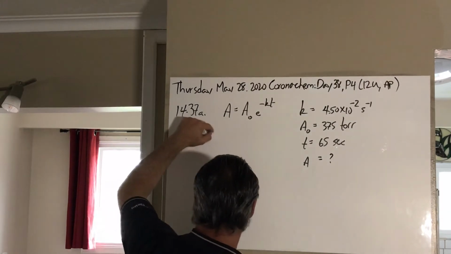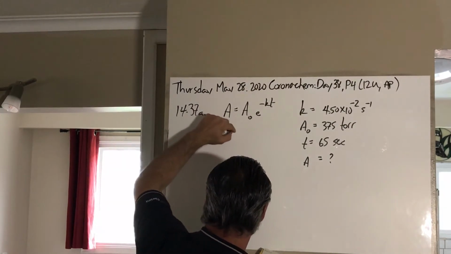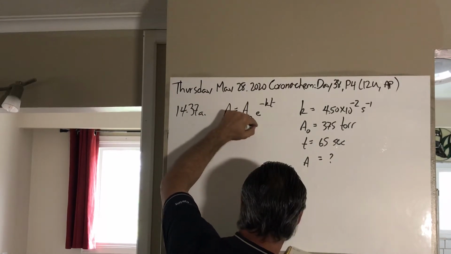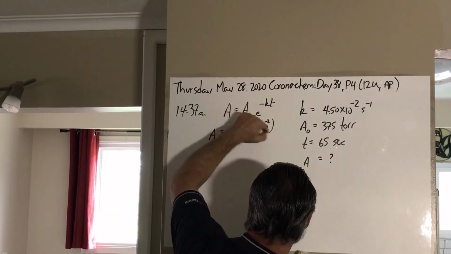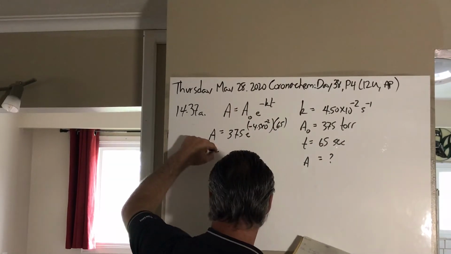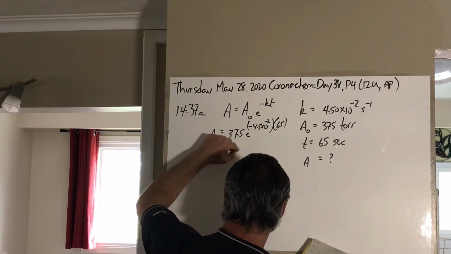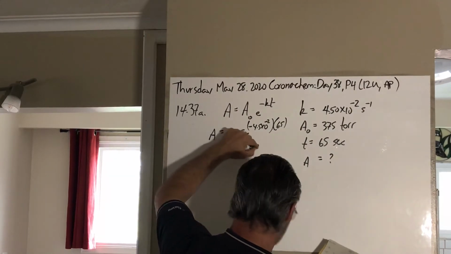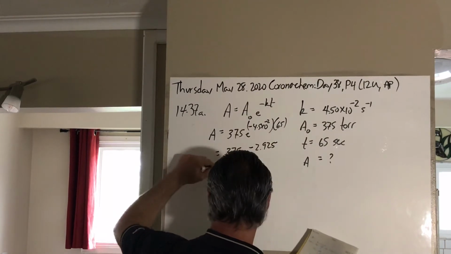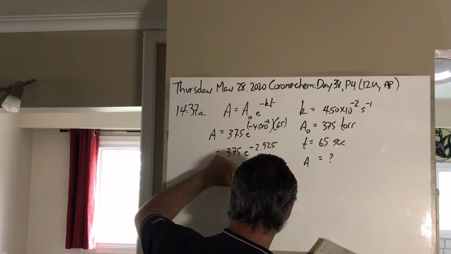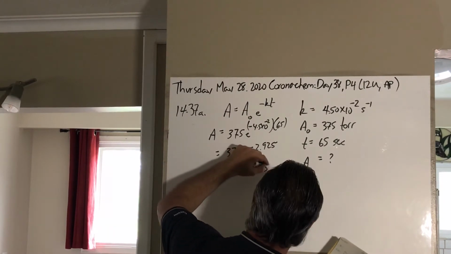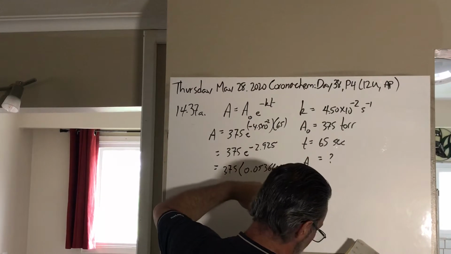So we set it up. A is equal to 375 e to the negative 4.5 times 10 to the minus 2 times the 65 seconds that elapse. So what you get is 375 e to the power of negative 2.925, which gives you 375 times 0.053664691.